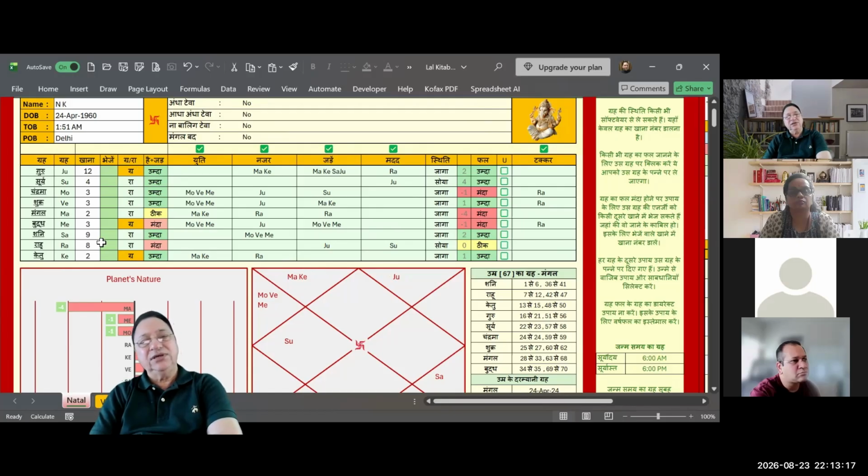But the other good thing is, sometimes you might have seen Jupiter is very close to this line. That means it is at the very end of this house, maybe at 29 degrees. Sometimes it is giving the effect of the next house or the previous house. So we need to check is it really in the 12th house or first house or 11th house.